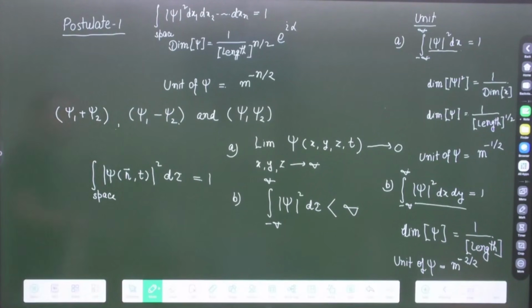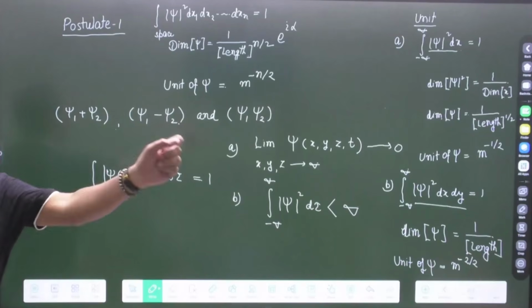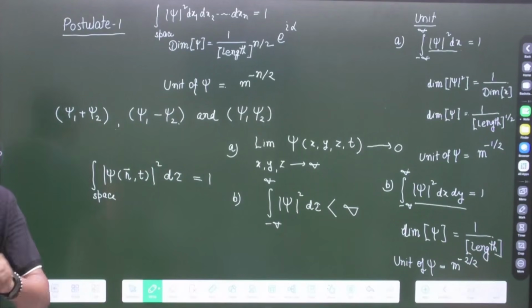So basically it will have all the information of the particle and the state in which it is. If you want to represent the state of the electron in the ground state, you can write the wave function of that ground state.